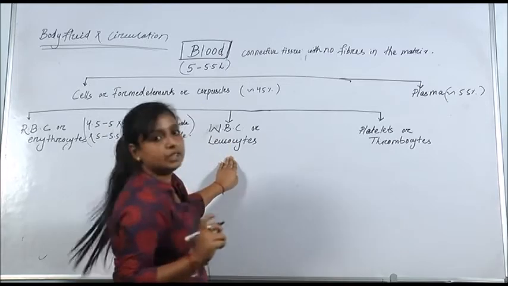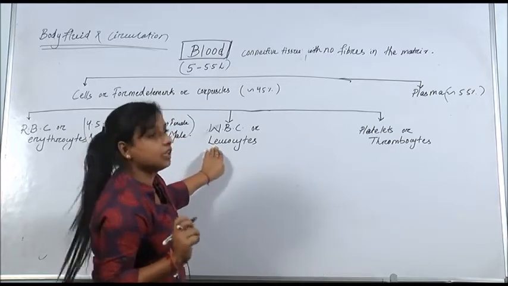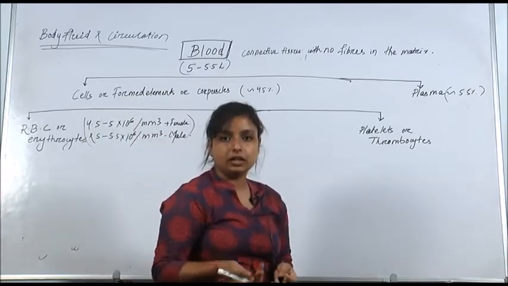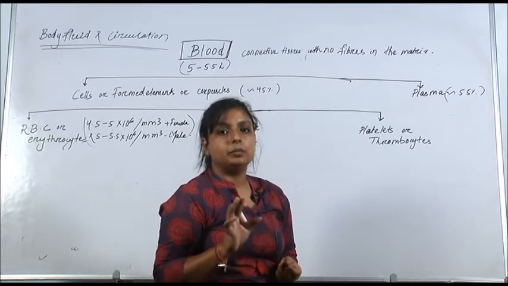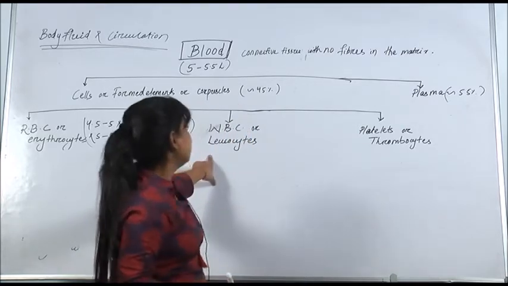Now coming to the second important kind of blood cells, that is WBC. As the name suggests, it is white in color, thus known as white blood cells, otherwise known as leukocytes.